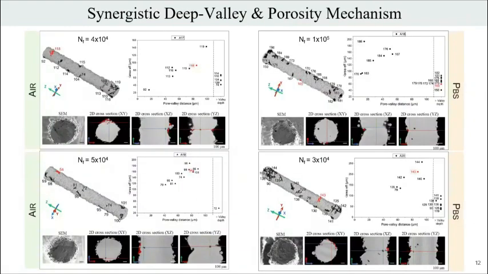What we have noticed is that for the air-tested specimen and one PBS-tested specimen tested towards low cycle fatigue, the combination of a deep valley and a pore are the killer defects that lead to the failure, and these are among the top 5 deepest defects.